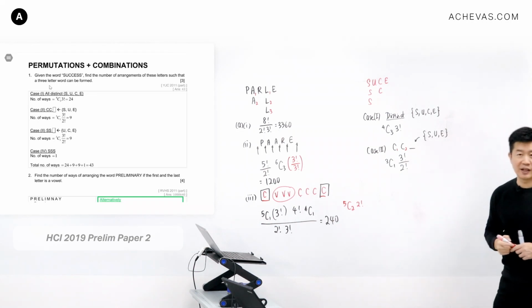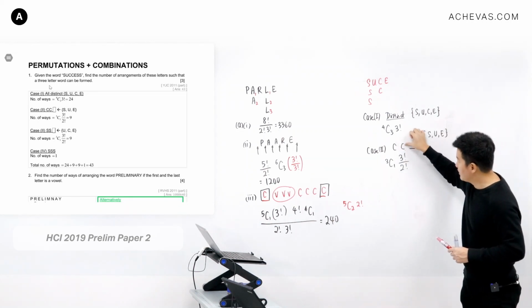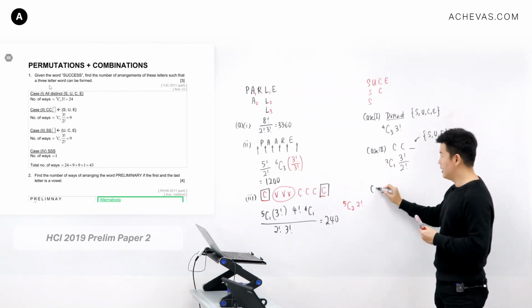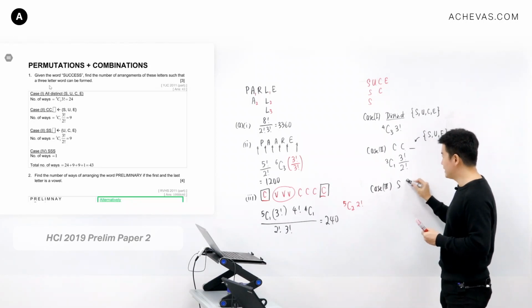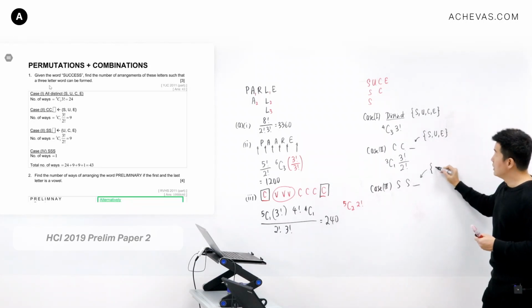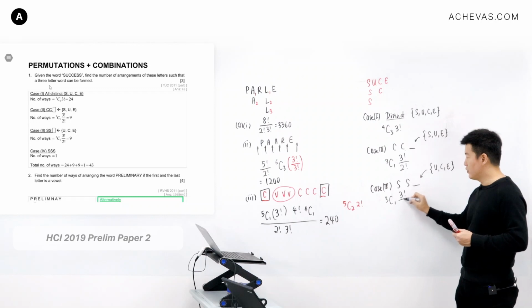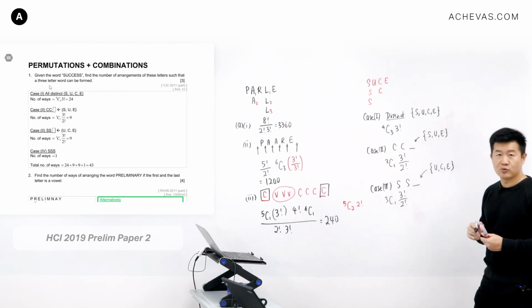Then I take out the fact that the 2 C's are the same, divide it by 2 factorial. It is going to be the same for case 3. Which is going to be S, S, and in here, it is going to be U, C, or E. So we will have a 3 choose 1, again 3 factorial, divided by 2 factorial.